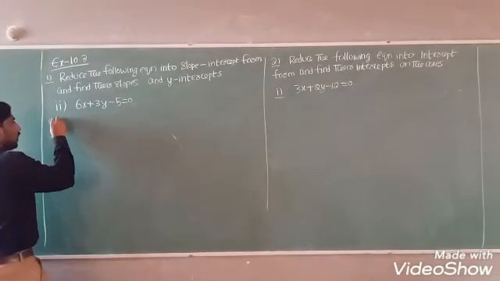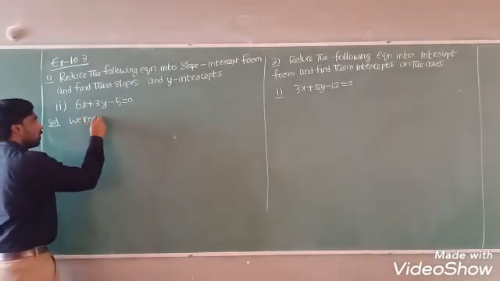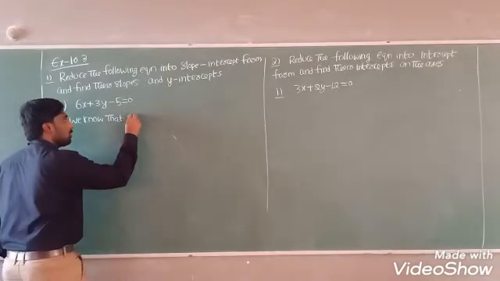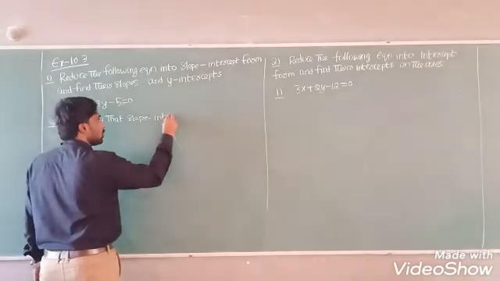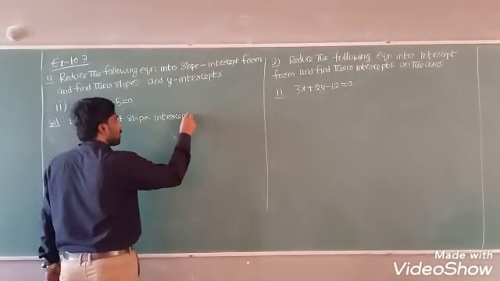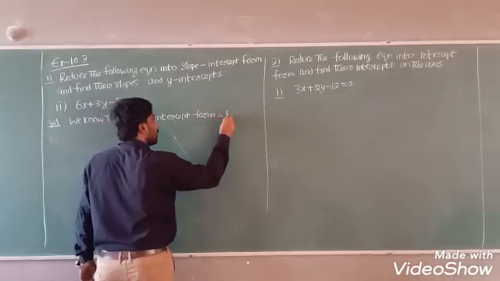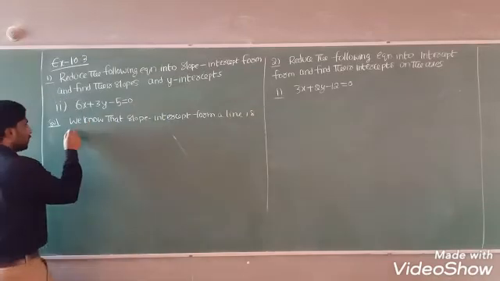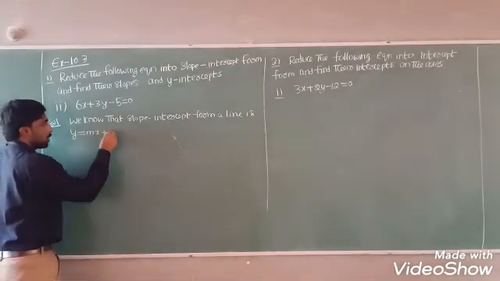Solution is, all of you note down. We know that slope intercept form of a line is y equal to mx plus c.